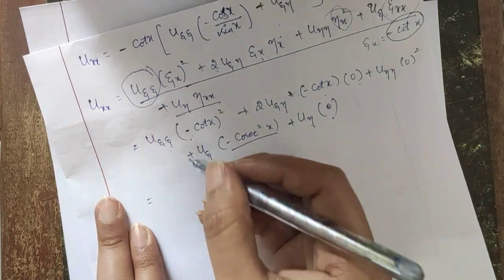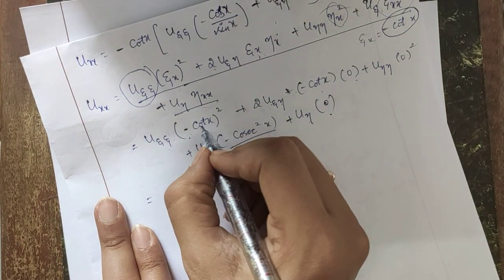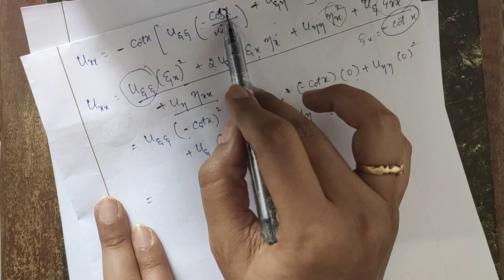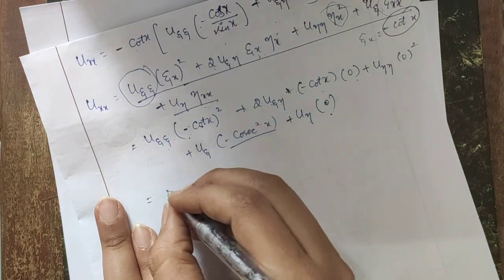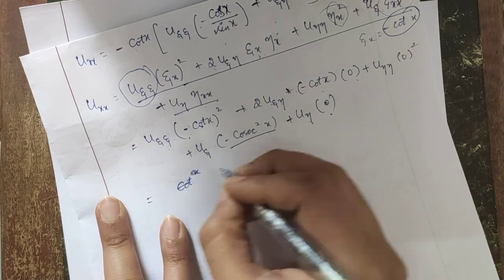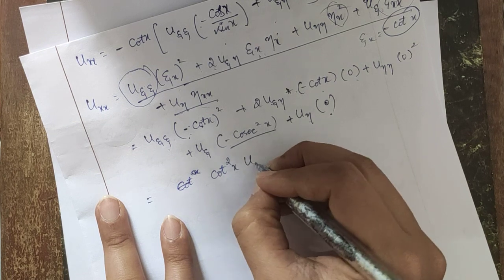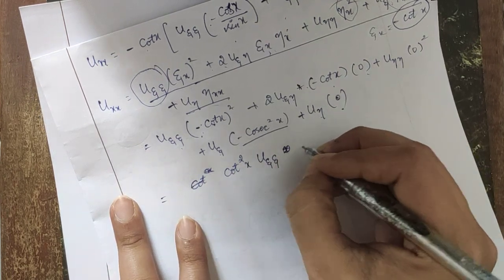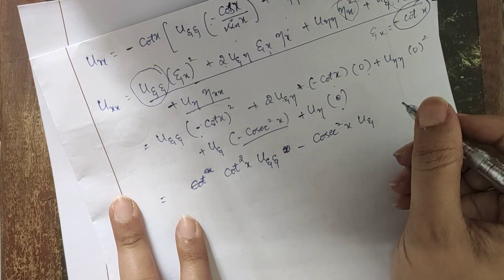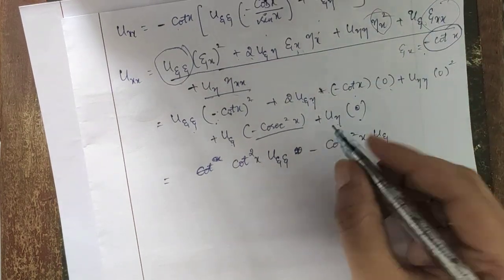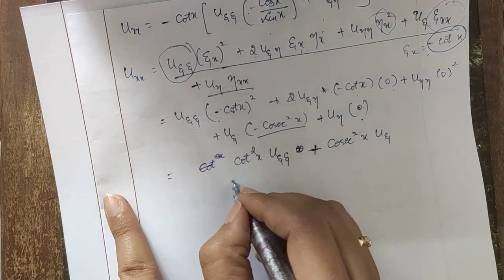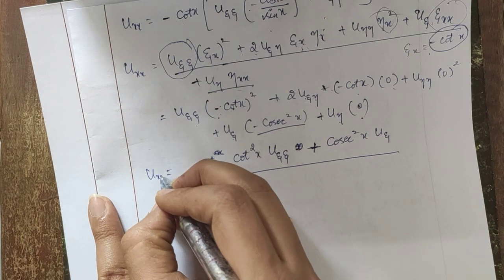So finally, I have just split this minus cot x whole square as minus cot x into minus cos x by sin x. Or you can directly write it as cot square x. Cot square x into u xi xi minus cosecant square x into u xi. Minus into minus gives you plus. Okay, so this is nothing but your uxx.